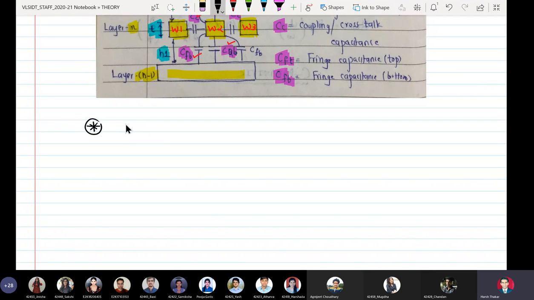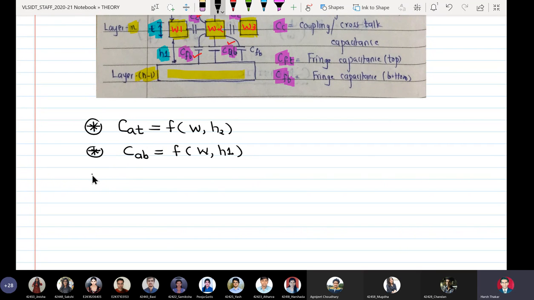The capacitance CAT, that is area capacitance with respect to the top layer, is a function of the width of the wire and the vertical separation H2. The second dependency is the area capacitance with respect to bottom layer, which is similarly dependent on W and H1.